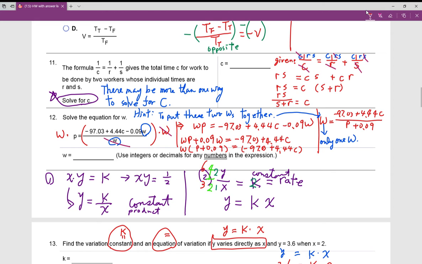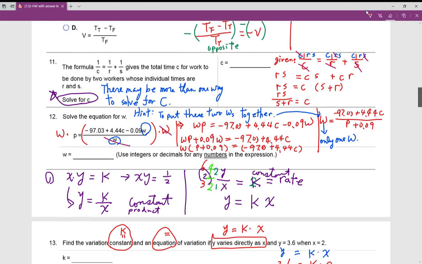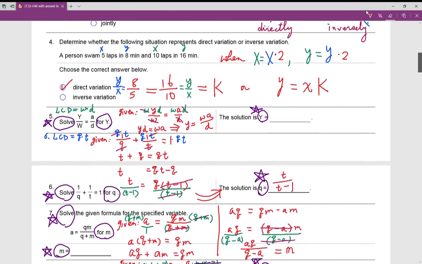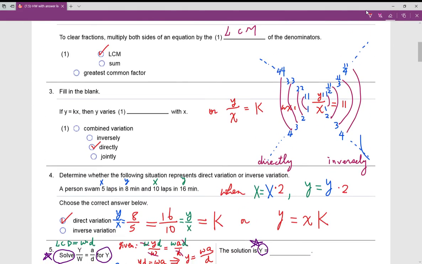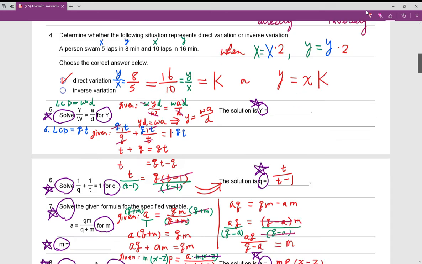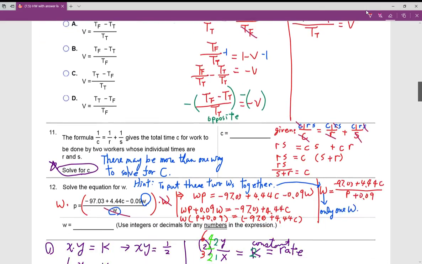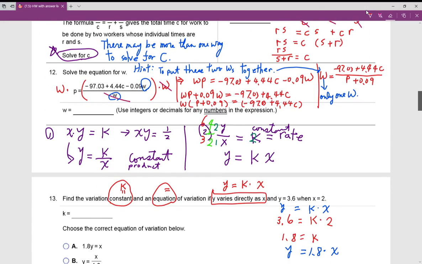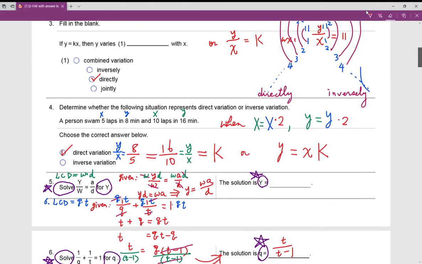Now, in this case, let me show you this example number 3. Y divided by x equals a constant number means when x doubles, let me see which one. Yes, okay, so that's the second type.